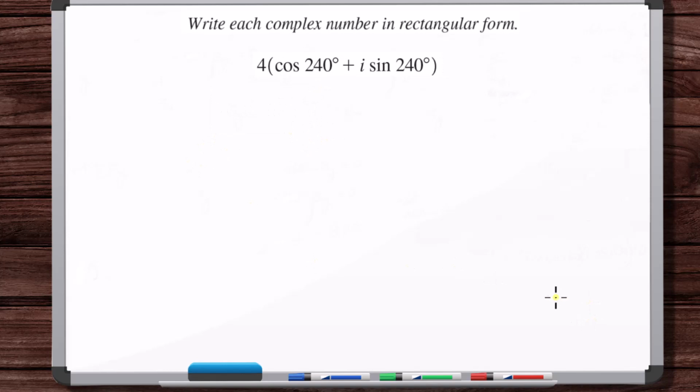Okay, 240 degrees is in the third quadrant with reference angle 60 degrees.